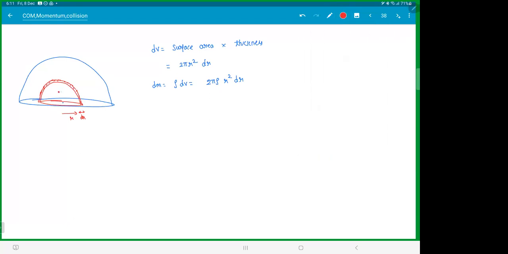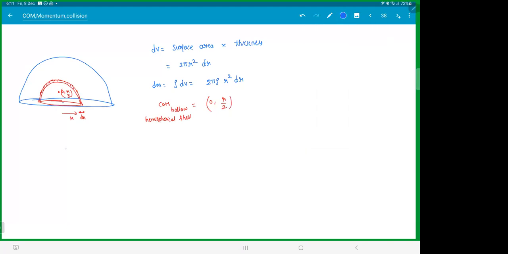And the center of mass of this hollow shell is 0, r by 2.